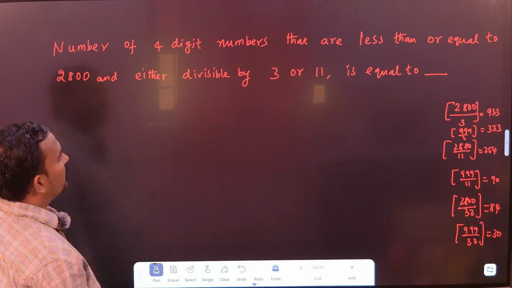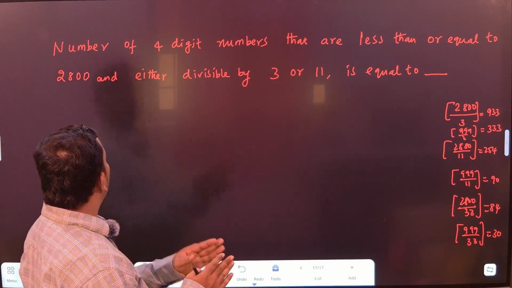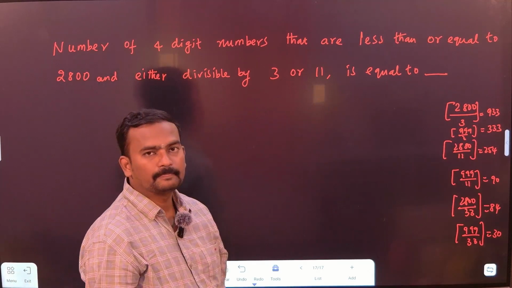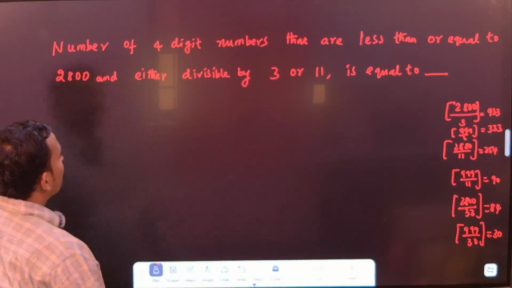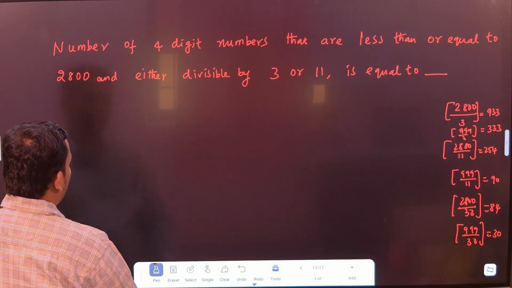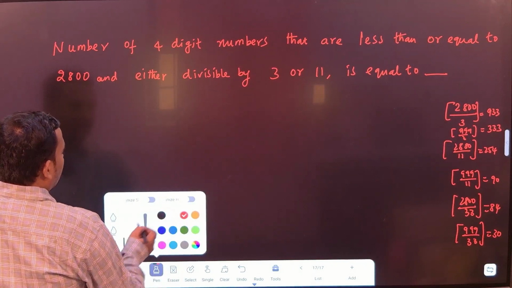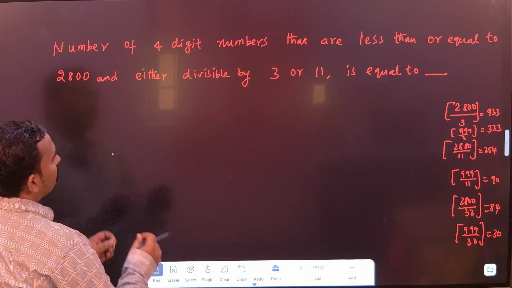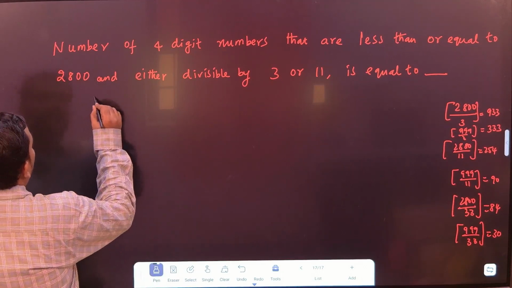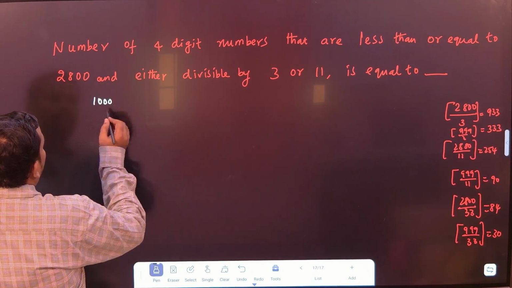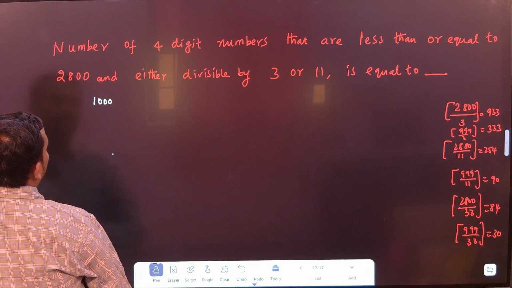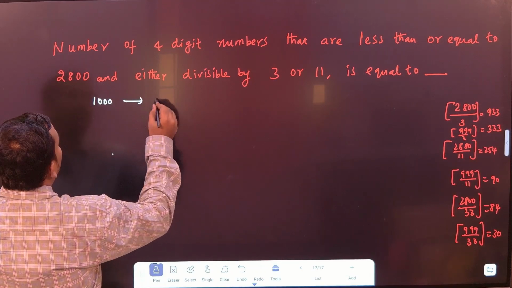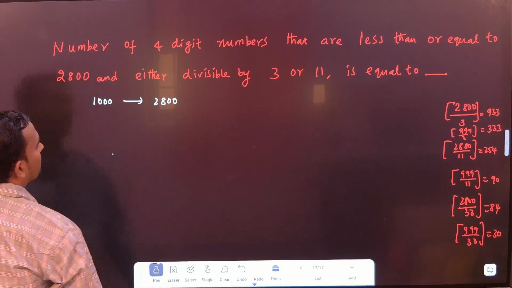The number of 4-digit numbers that are less than or equal to 2800 and either divisible by 3 or 11. So, how to do this? You can see, student, the 4-digit numbers start from 1000 to 2800.